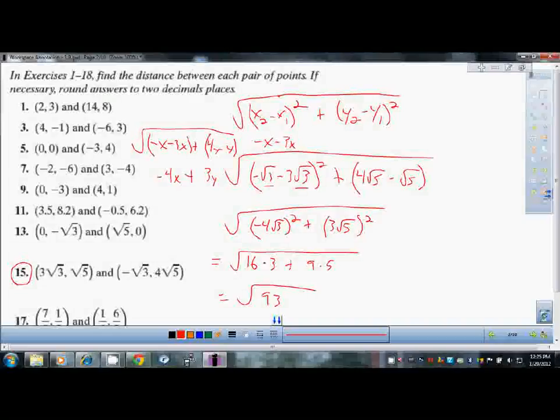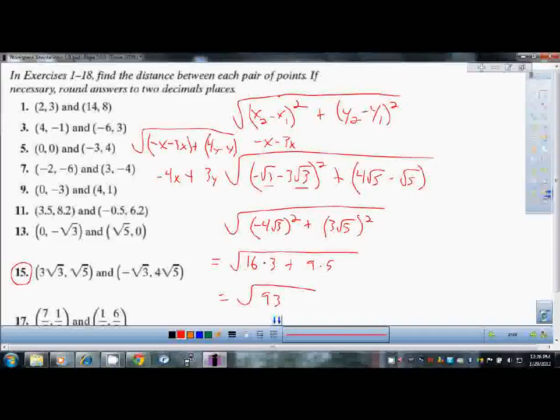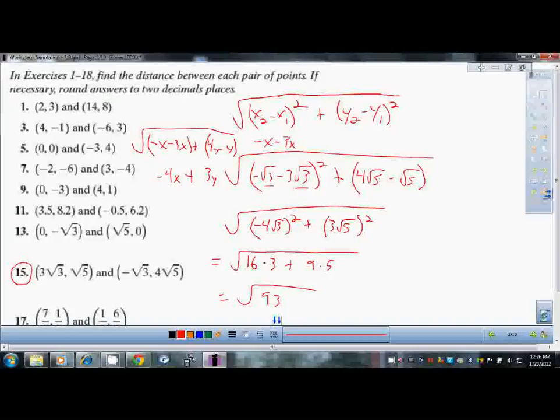Negative 1 radical 3 minus 3 radical 3 is negative 4 radical 3. Same thing here. 4 radical 5 minus 1 radical 5 is just 3 radical 5. And when you square something with a radical, you just get the number. Square the 4, square the 3, square the radical, then 48 plus 45 is 93. Good.